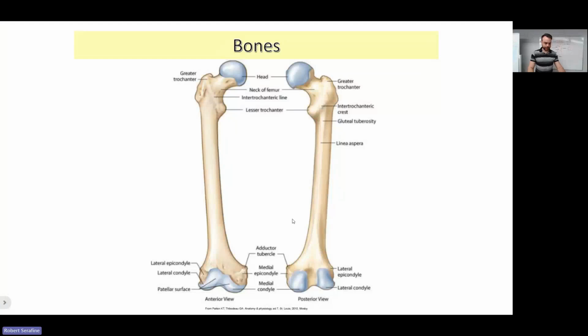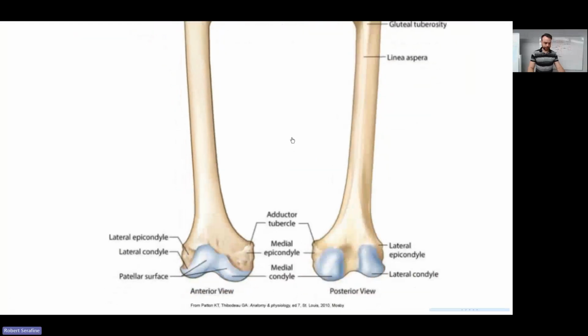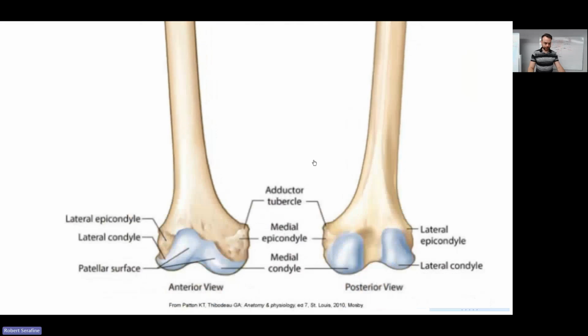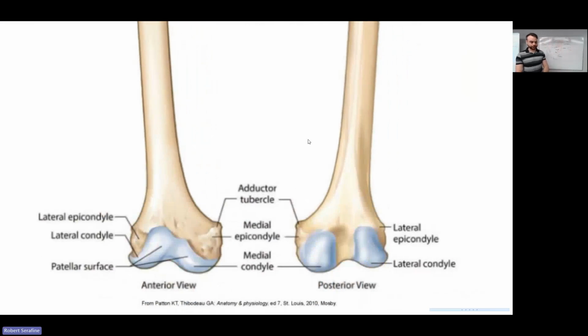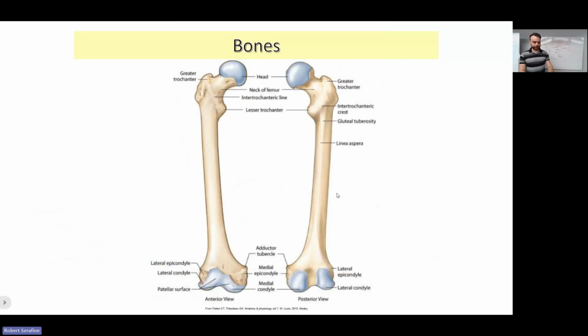So here is the lower half of the femur, and as we see, we have the lateral and medial condyles. You don't need to worry necessarily about the epicondyles and stuff like that, like we paid attention to in the forearm and hand. And then we had the little patellar fossa, patella surface here, or the patella itself.